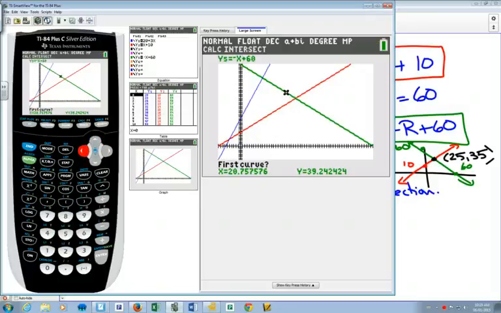Make sure it's on the green one. If I don't want it on the green one, you can push up and down to switch it. See, if I push down, it's now on the blue one. You can't see where it is because it's way off. Here, I'll put my cursor there. Now it's on my blue one. If I push down, it jumps to my red one, down again to my green, and it keeps switching. And you can also tell by the equation up at the top which one it's on.